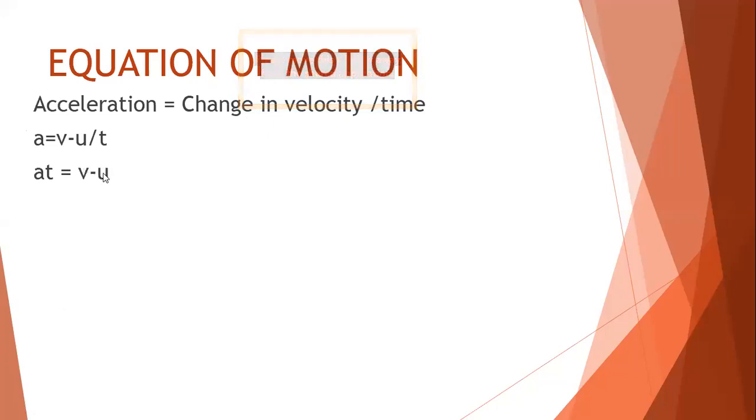Now this is minus u. I shift this minus u from the right hand side to the left hand side, and it becomes plus u. So we get at plus u is equal to v.